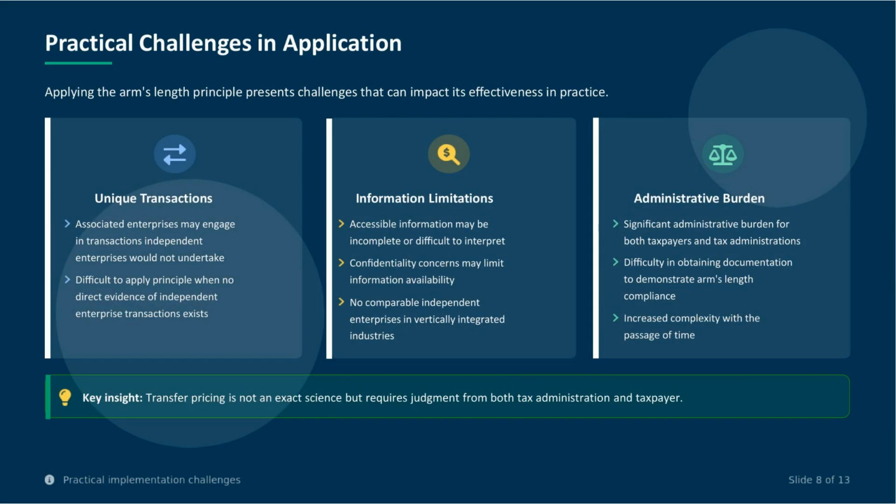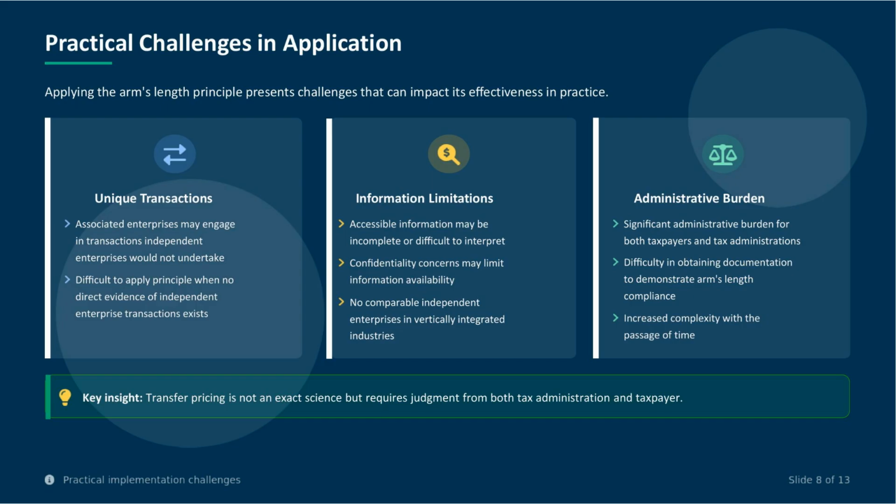Applying the arm's length principle faces challenges like unique transactions that independent enterprises wouldn't undertake, and information limitations due to confidentiality or lack of comparables in vertically integrated industries. Additionally, the administrative burden is significant, requiring extensive documentation and judgment from both tax administrations and taxpayers, highlighting the complexity of transfer pricing.